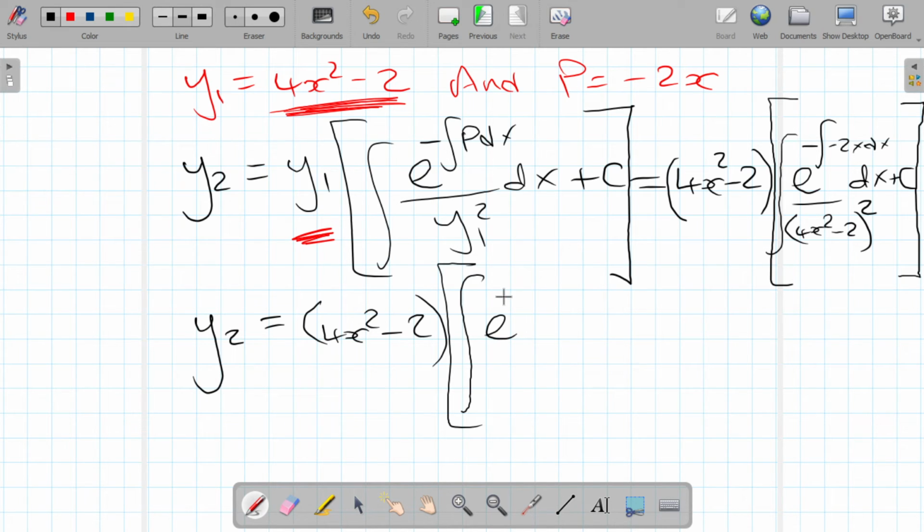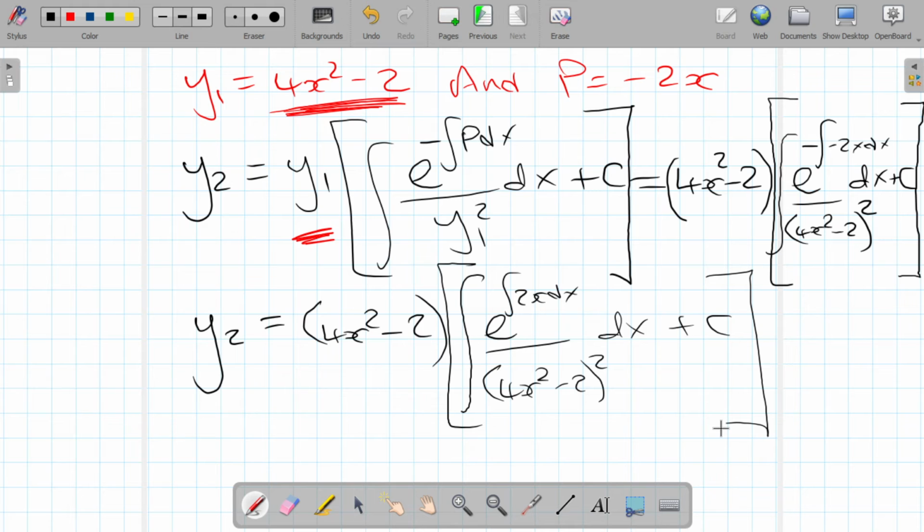So we've got e to the integral of 2x dx over 4x squared minus 2 all squared dx plus c.